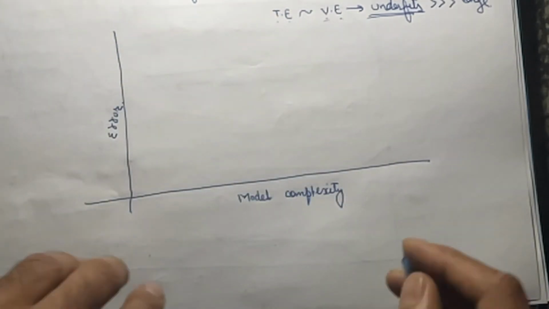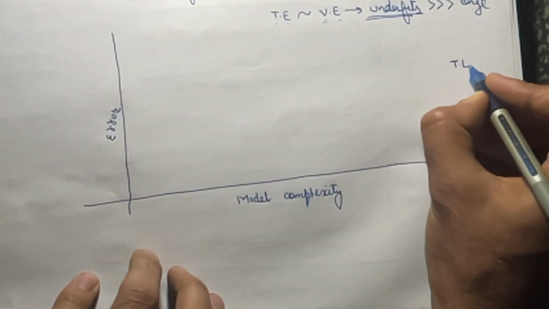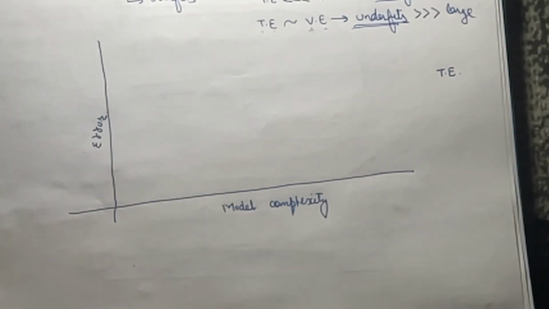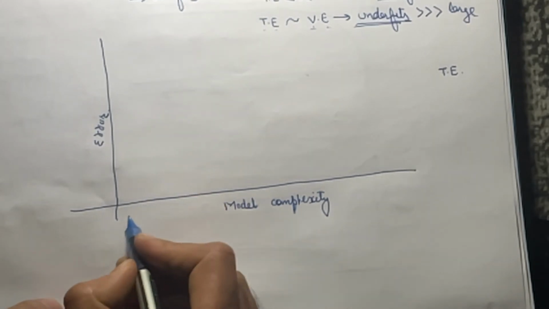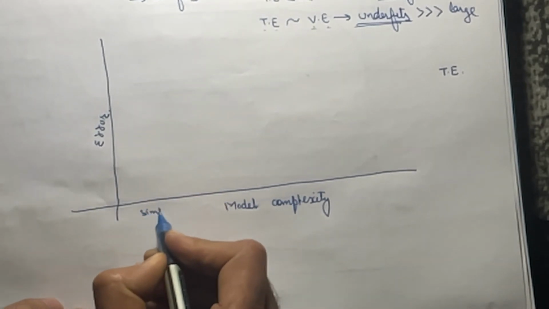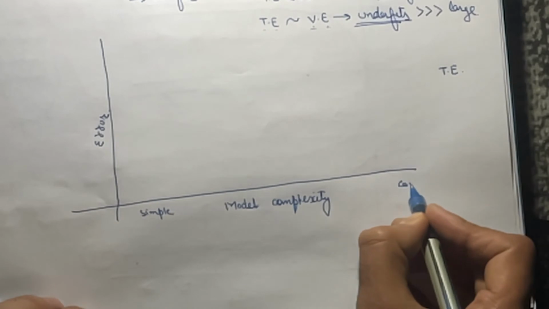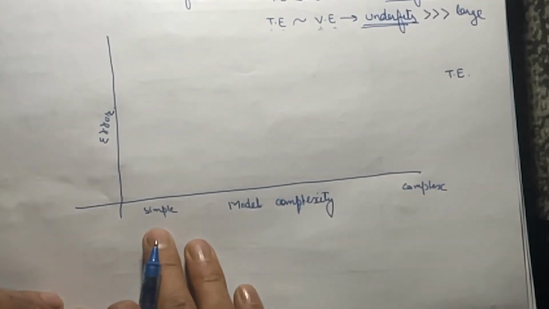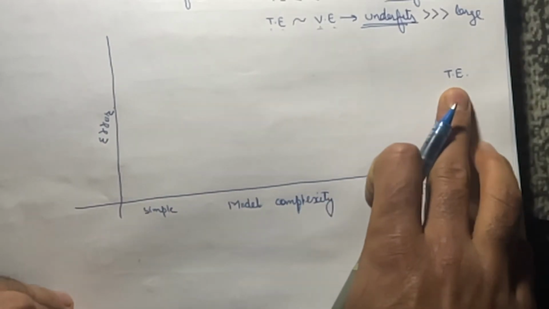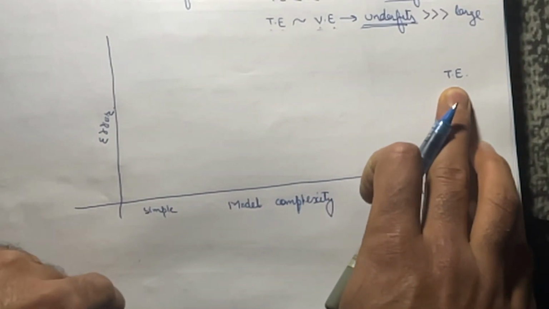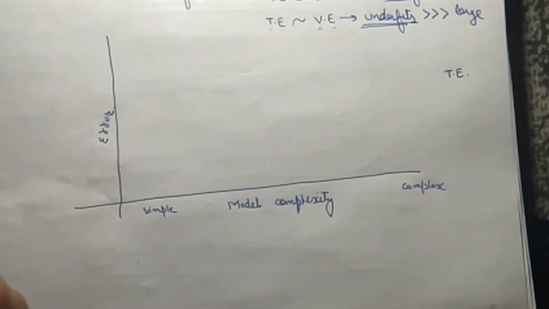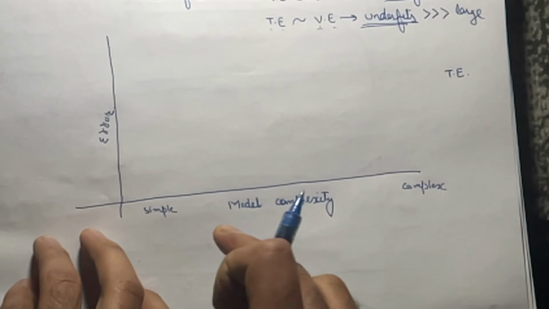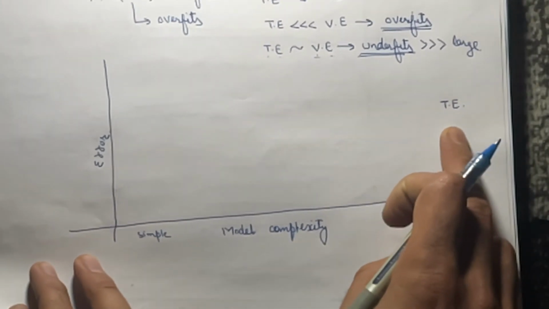Okay, now first let's take the training error. If I am plotting this graph for the training error, here we have simple models and here we have complex models. So we are going from simple to complex models. If our model is simple, its training error will be high. And if we go from simple to complex models, the training error will decrease.